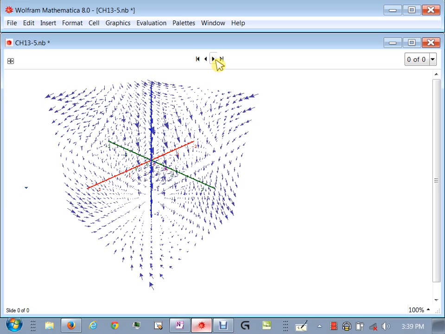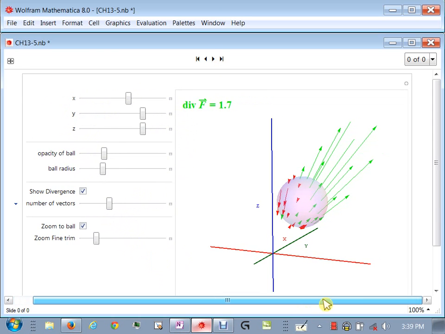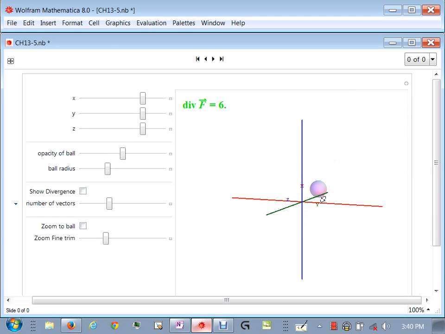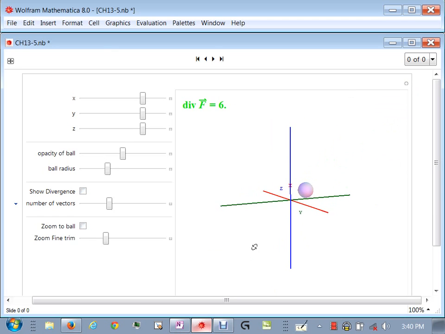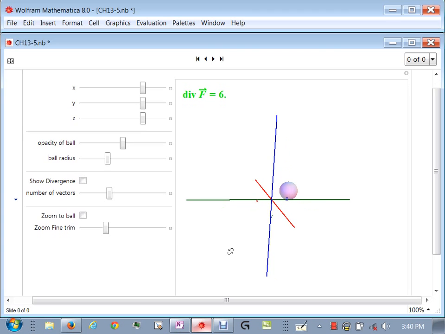There's my vector field, right? So what I'm going to try and get you to see here is that we have three-dimensional space, right? In three-dimensional space, we have a point.